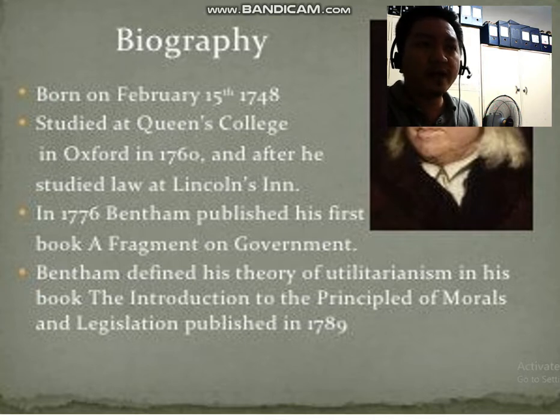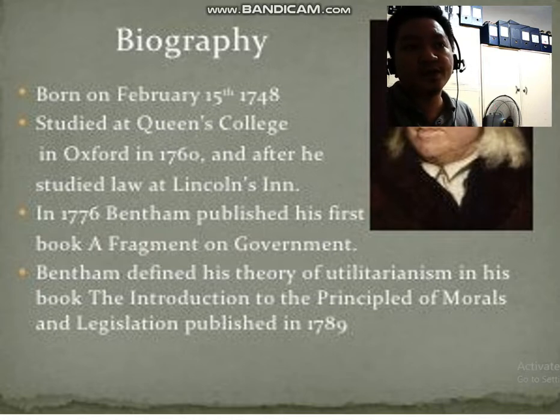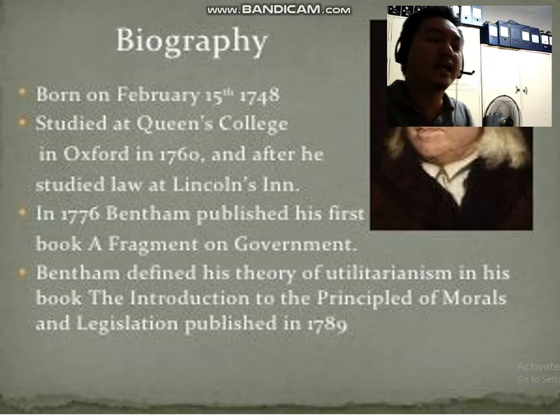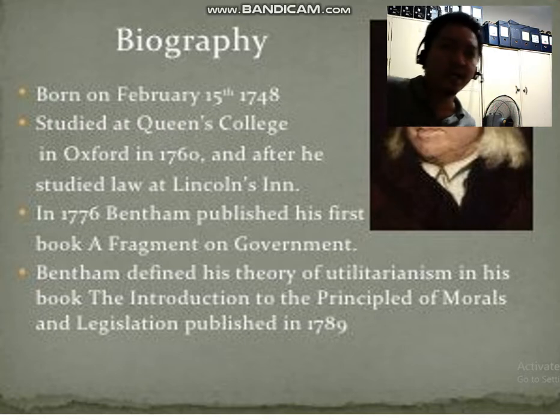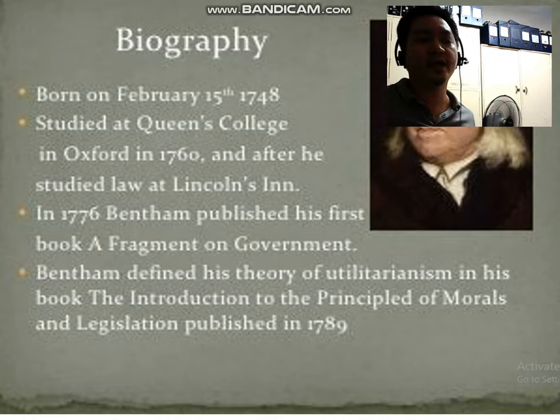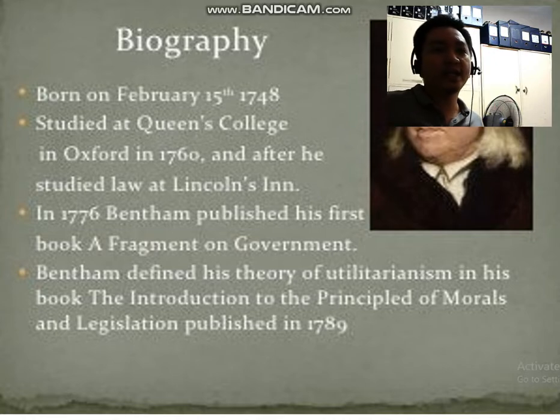Jeremy Bentham published his first book, A Fragment on Government, and he also defined his theory of utilitarianism in his book, The Introduction to the Principles of Morals and Legislation, published somewhere in 1789. And here's a weird fact, no?